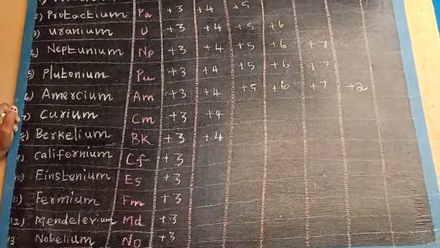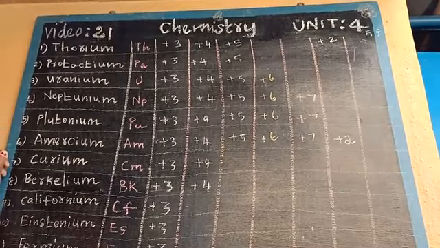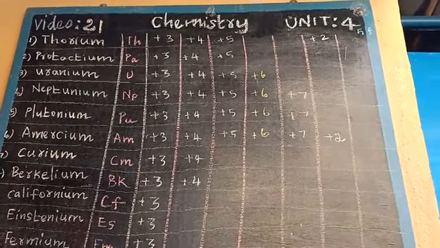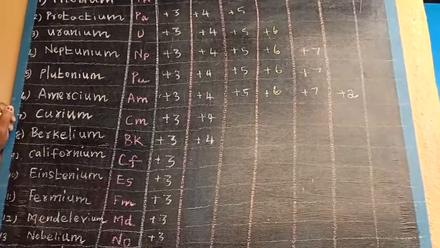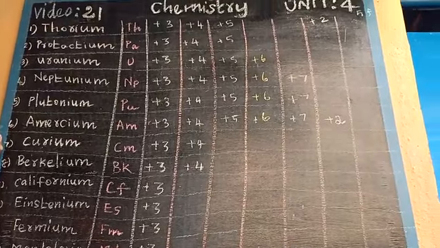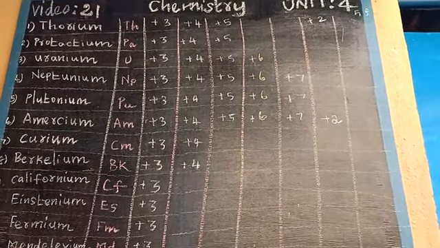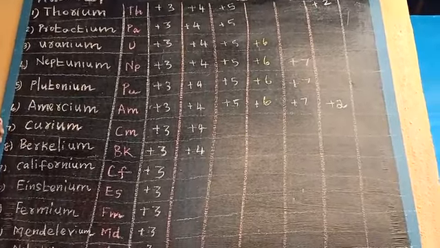Okay children, so next it is similar to the lanthanoid topic. In the lanthanoid topic we saw the lanthanoid contraction and the causes of lanthanoid contraction. In the same way, here also the actinoid contraction occurs. That means the size decreases from thorium to lawrencium.